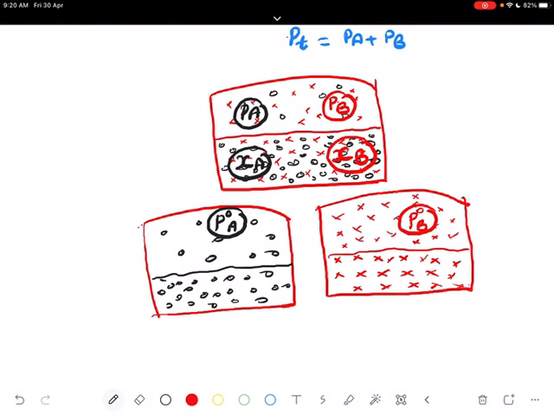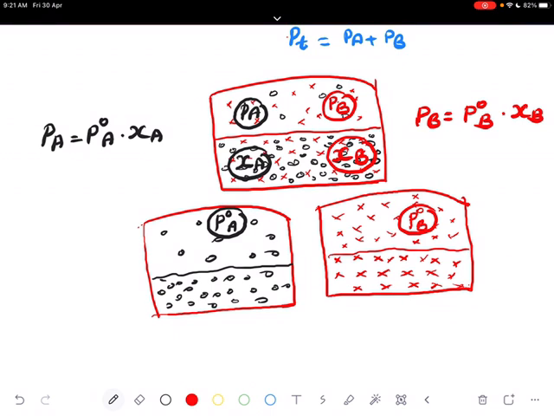Now, what is Raoult's law? Raoult's law is that PA is equal to P naught A into XA. And on that side, PB is equal to P naught B into XB.